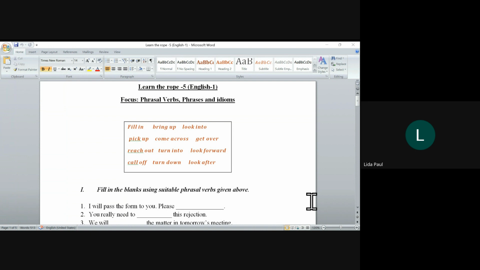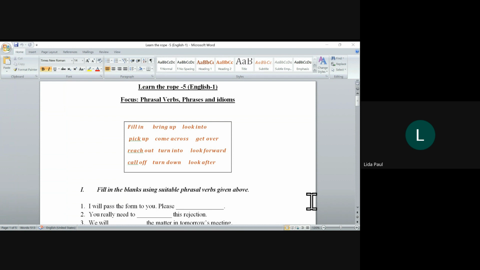So I can either use a noun in between the verb and the adverbial particle, or I can also use a personal pronoun in between. So these are the two that are allowed to interfere between the verb and the adverbial particle. So if something can be put in between them, then you call it a separable phrasal verb.